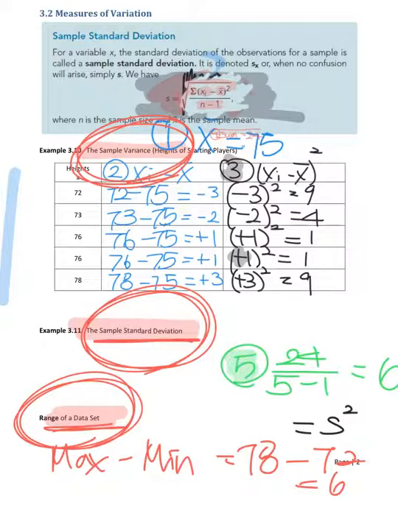In this case, the variance was 6, so the square root of 6, how much will that be? 2.45. If I got 9 for the variance, how much will be the standard deviation? 3. How about 16? 4. 49? 7. 100? 10.